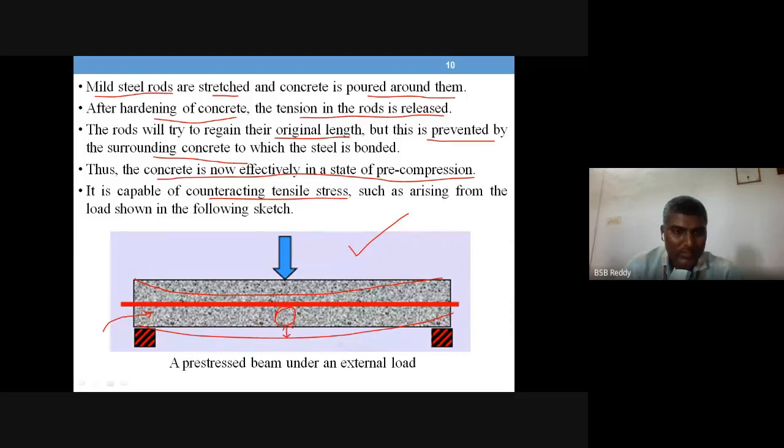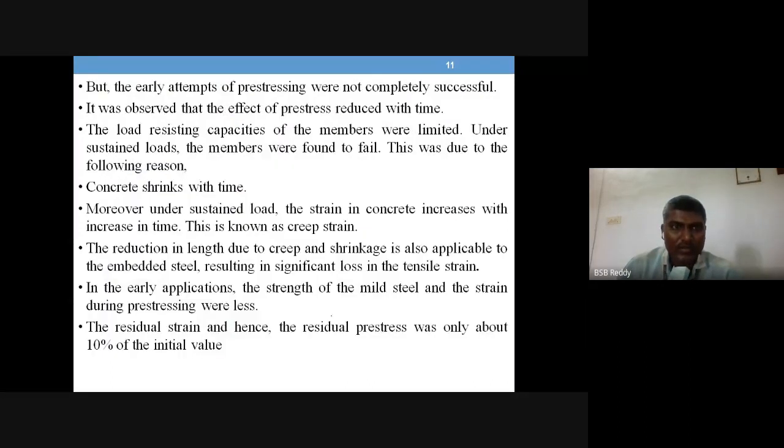Okay, so that the beam will finally be in compression, or you can reduce the level of tensile stress. This is the basic need of pre-stressed concrete: to eliminate the tensile stress or to reduce its level. Right.